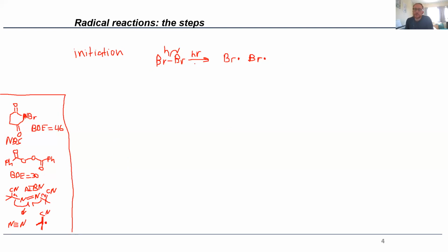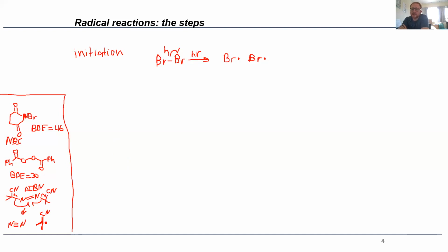Okay, so what is the advantage of NBS over bromine? Well, you're forming necessarily a different radical. You're forming a bromine radical and a succinimide radical, which have slightly different properties, but most oftentimes it's a practical reason.